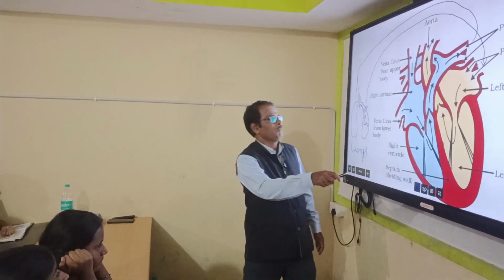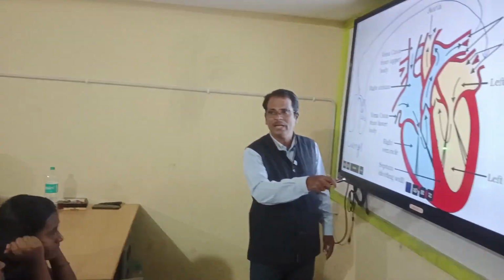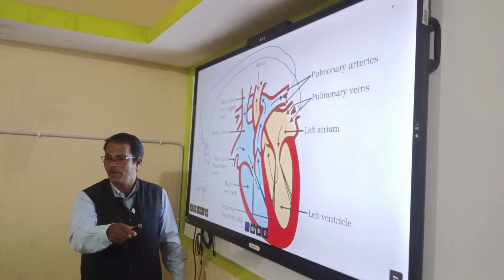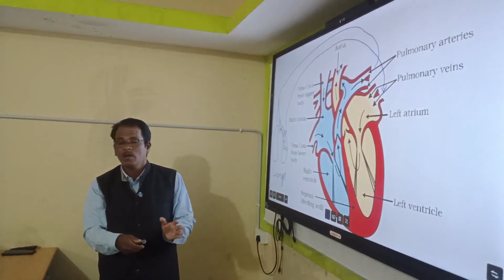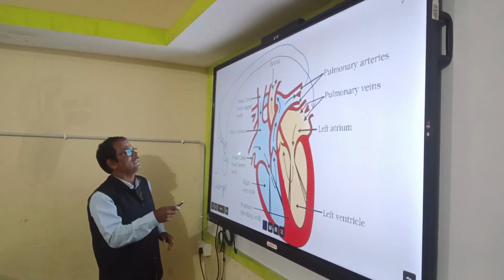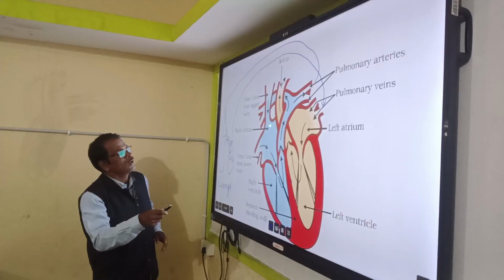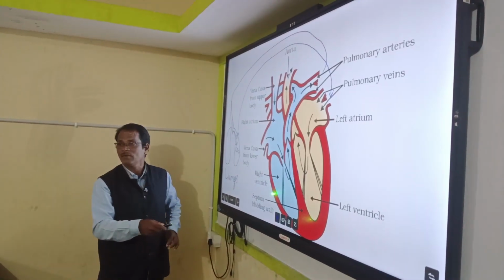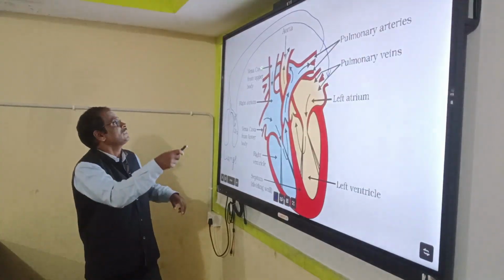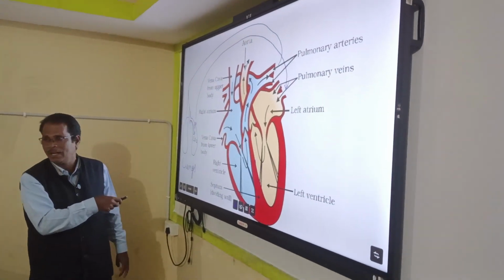One is the blood first moving from the left ventricle to the body parts, the human body parts. That is one circulation. After that, the blood comes from the body parts back to the right ventricle. This is the second circulation. From here it goes for purification to the lungs.